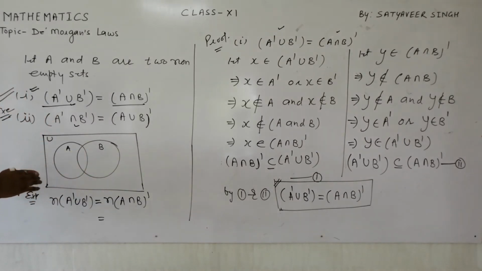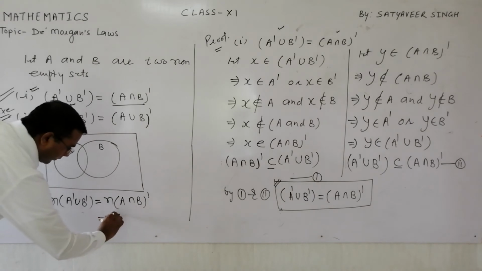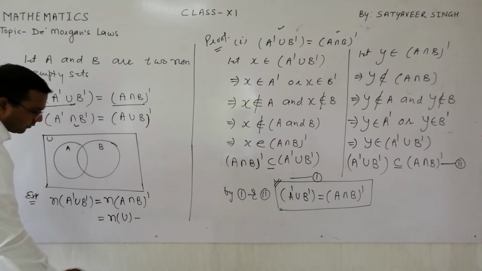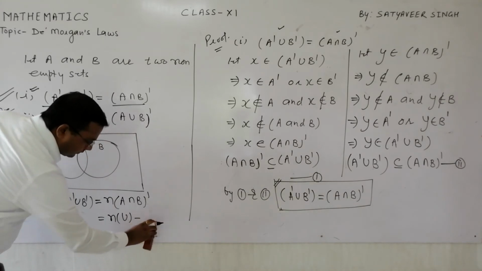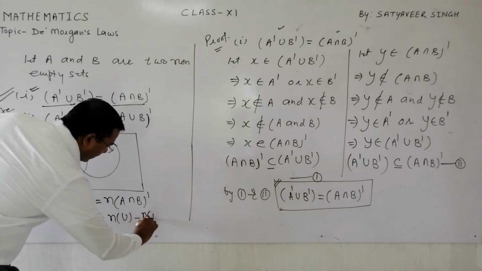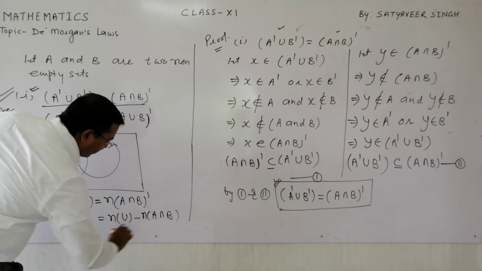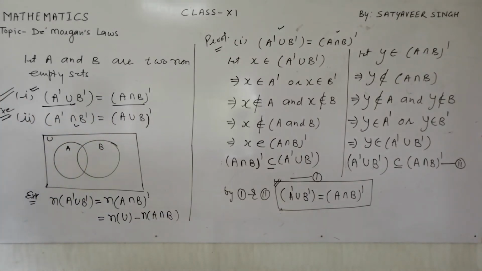I had given you one formula for this. If you want to find A complement union B complement, we write n(U) minus n(A intersection B). Now try to understand the question.